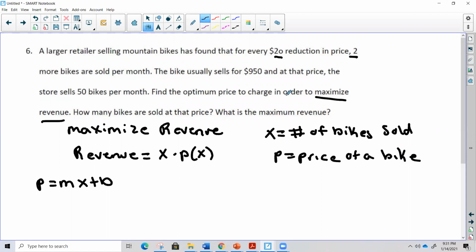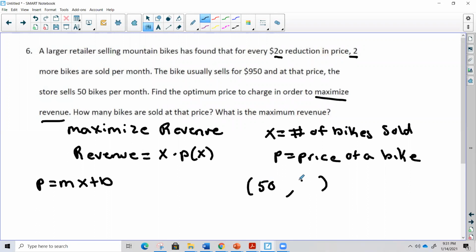Now I'm going to use the information to come up with 2 points so that I can find the slope and I can find my y-intercept, which are the 2 things I need for a line. So I know that when I have 50 bikes, the price is $950. Now we want our function in terms of X. So my X value is the number of bikes sold. So that's going to be 50.